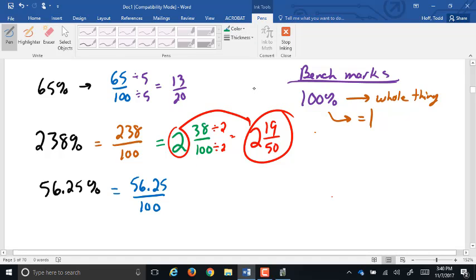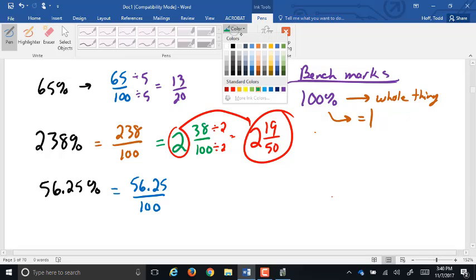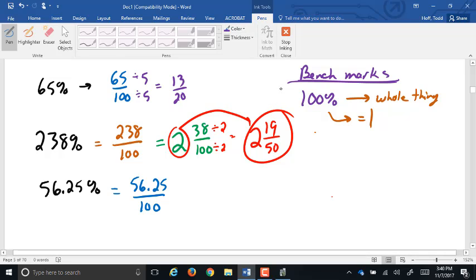Well, we don't like having decimals within our fractions, so we've got to get rid of it. Just like when we were dividing decimals, the way we got rid of those decimal places was we multiplied by 10 or 100 or 1,000. Here, how many decimal places do I have to get rid of? 2. So I'm going to multiply by 100.